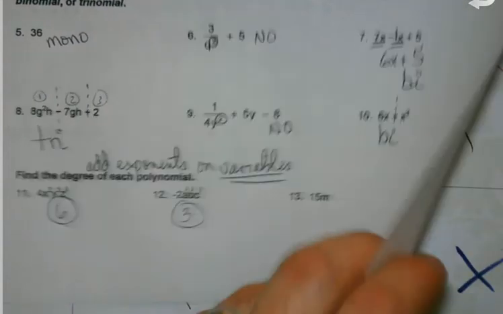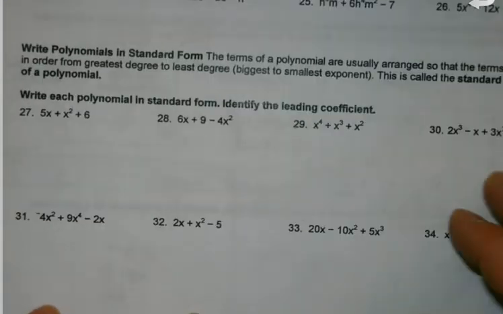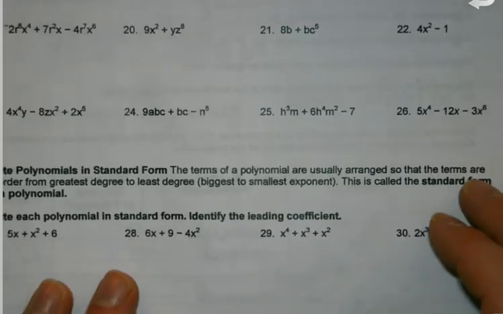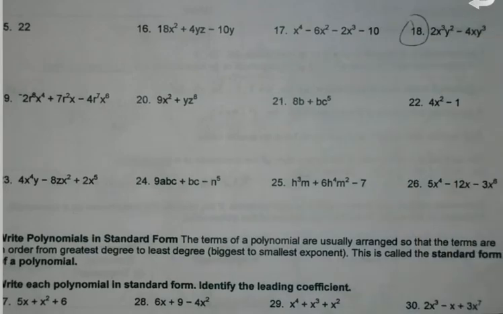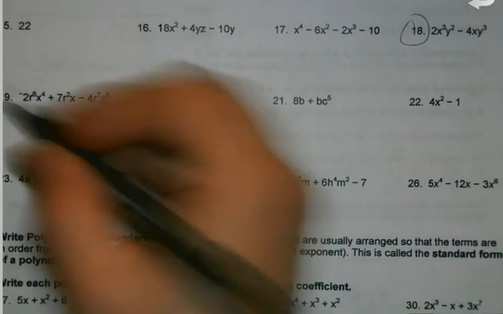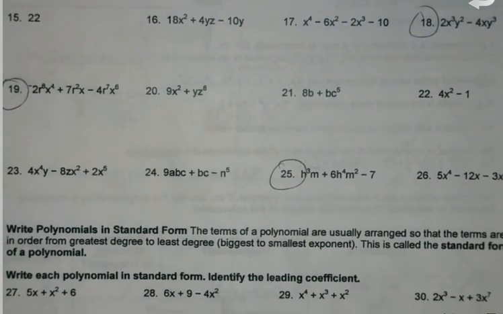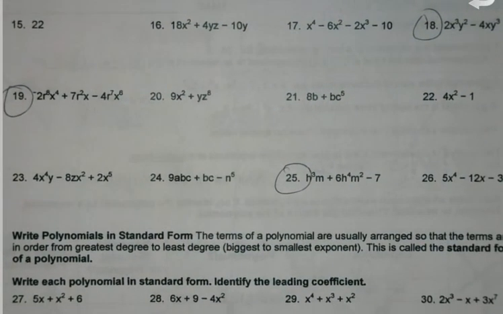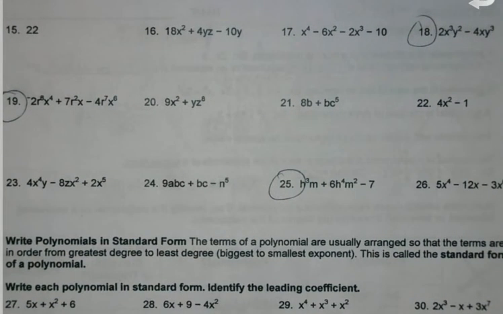So let's take a flip over. I want to find one that'll be a little more interesting here. Let's take a peek at numbers 18 and 19 and 25. So yeah, we're just trying to find what the degree is going to be.